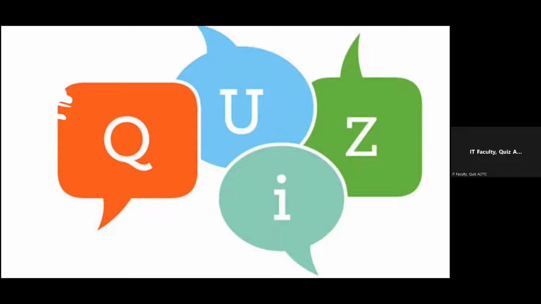You may send your response privately to us. Everybody select IT faculty quiz in the chat session and answer by typing A, B, C or D. Once we receive all the inputs from the participants, we show the answer.